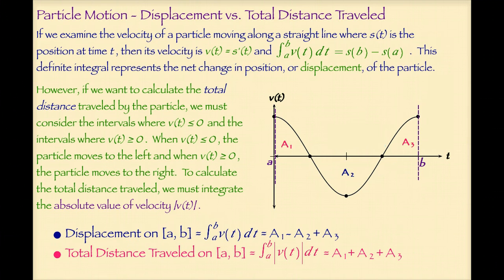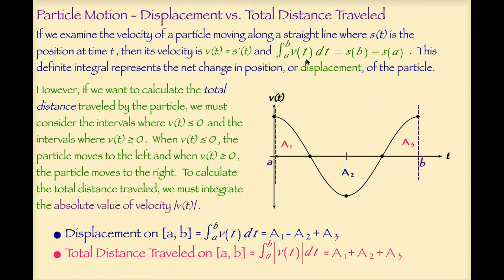The last topic we're going to discuss in today's lecture is particle motion, and we're going to look at the difference between displacement and total distance traveled. If we examine the velocity of a particle moving along a straight line where s of t is the position at time t, then its velocity is v of t, which is equal to s prime of t, the first derivative of position.